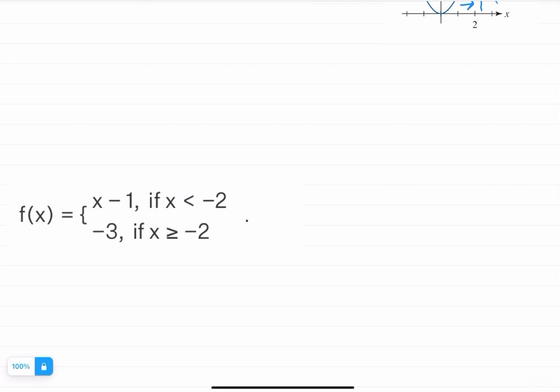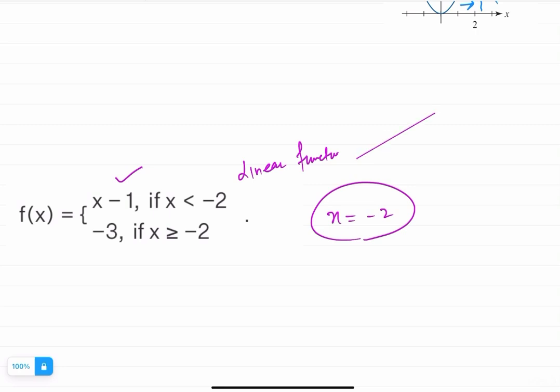Now the last part is that this is a piecewise function, so we have to check continuity at x equal to -2. We know that if I talk about each piece individually, the first piece is a linear function. We know that a linear function is continuous at every point in its domain.